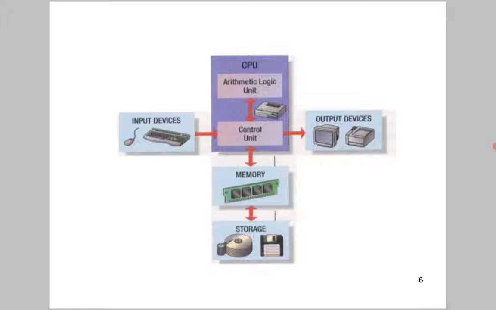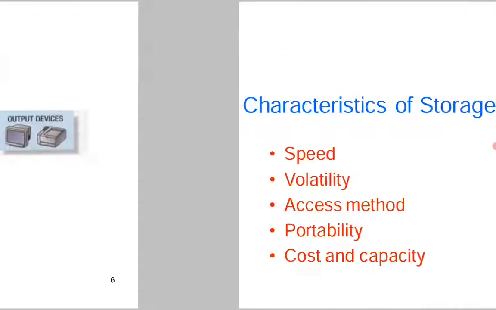Again the CPU is interconnected with the memory unit, and the memory unit is interconnected with secondary storage devices or auxiliary storages, and output devices are connected with the CPU. So this is the block diagram of the working of a computer.